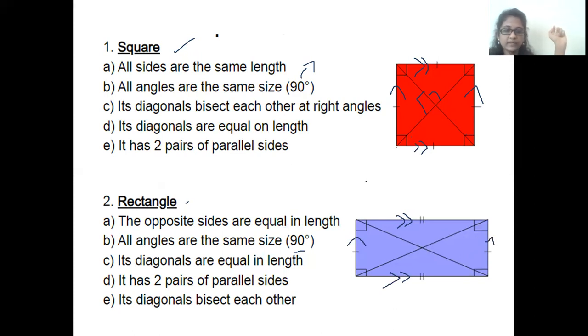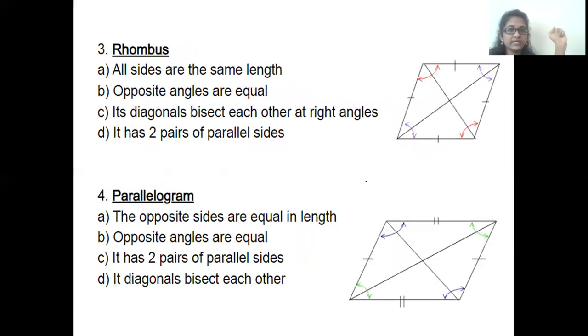All right, and here is a rhombus, and the rhombus has all four sides equal. And here also we can have two pairs of parallel lines. These two are parallel to each other. And here also we can have a parallel line. These two are parallel to each other.